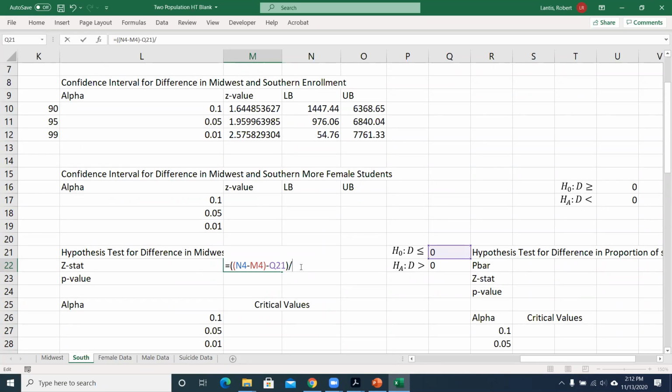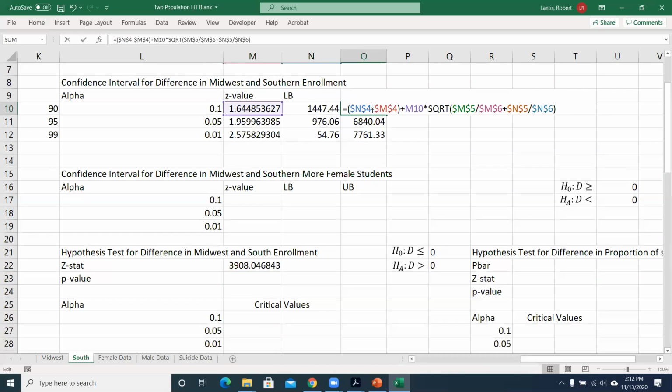Then what was in our denominator? The same thing that we used in our confidence interval, right? So for a second, I'll get out of this so we can look here. When we used this in our confidence interval, the square root of each population variance over the sample size was the standard deviation for the difference in our sample means.